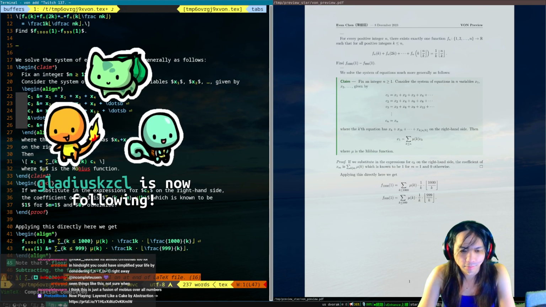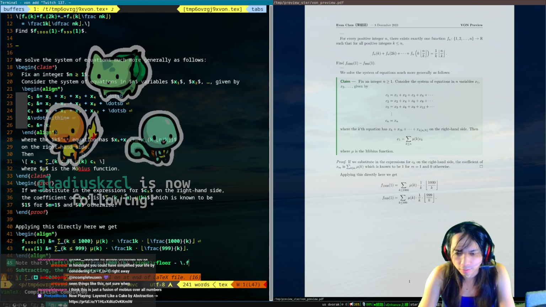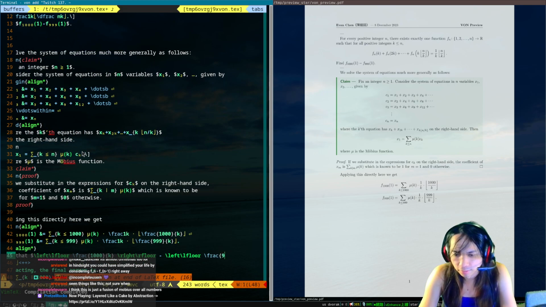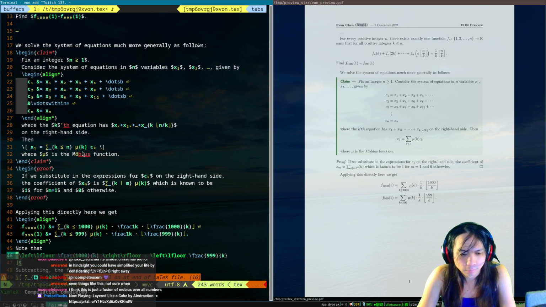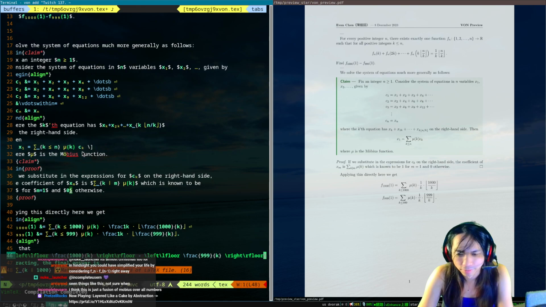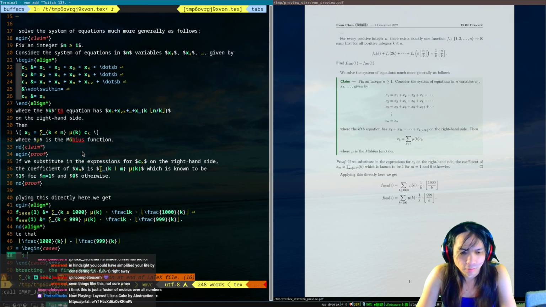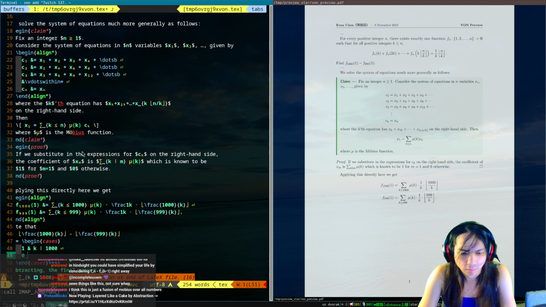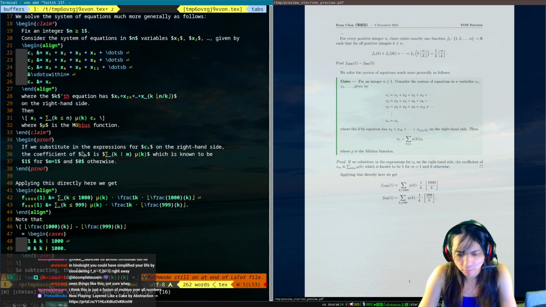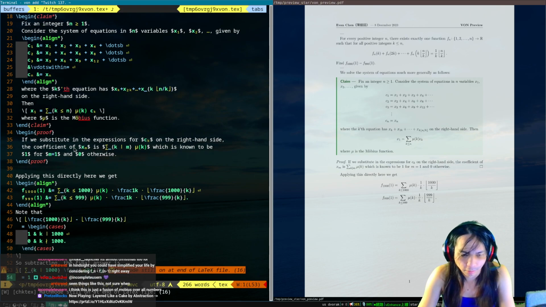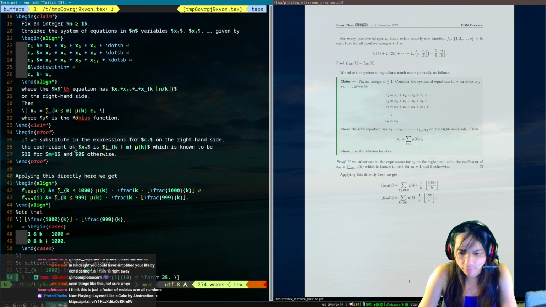Note that the difference of the floors is exactly an indicator, and then 1 minus a half minus a fifth plus a tenth equals 2/5, and we're done.